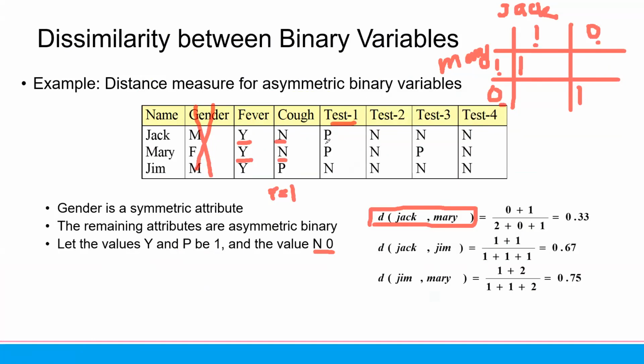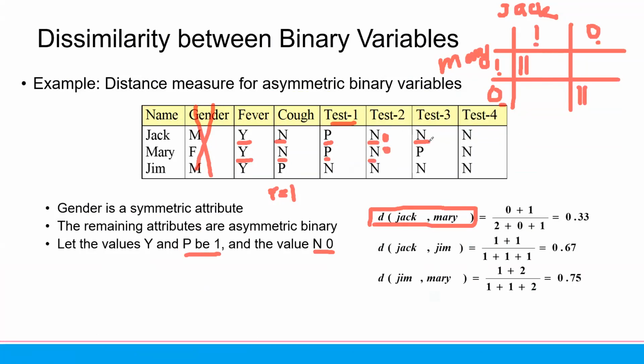In Test 1, we have P and P, so positive and positive. Positive is 1, so we have 1 and 1. There are 2 for this cell. We have N and N, so 0 and 0, then we have 2.